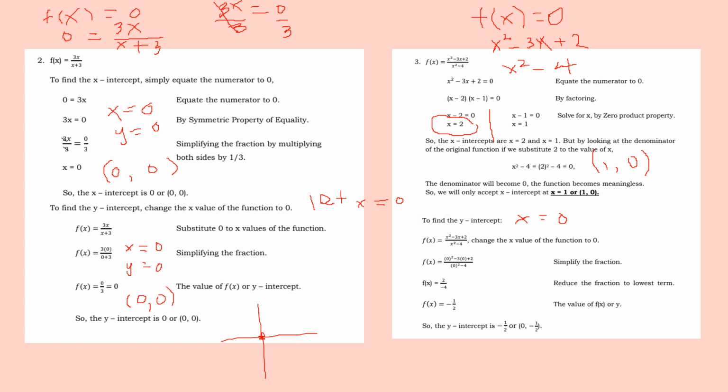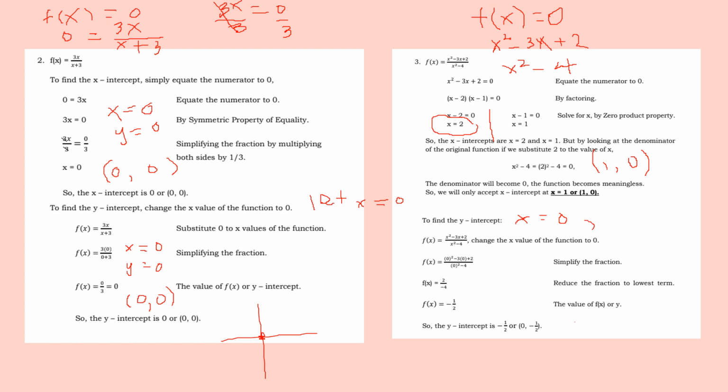So, ang common factor nila is 2. So, divide 2, the numerator. 2 divided by 2 is equal to 1. Negative 4 divided by 2 is equal to 2. Kaya meron tayong y or f of x is equal to negative 1 over 2. So, therefore, ano ang ating value ng ang x daw natin ay 0.